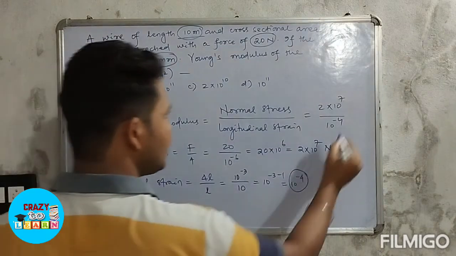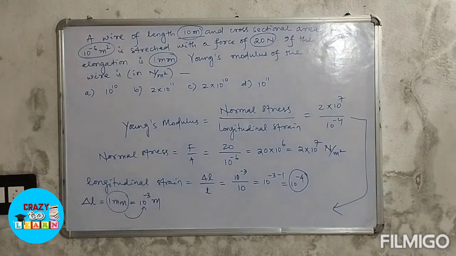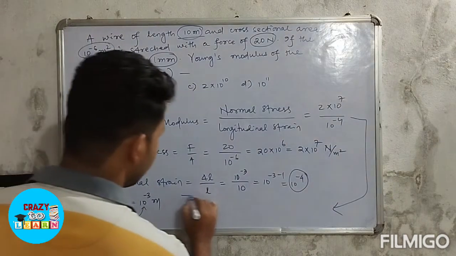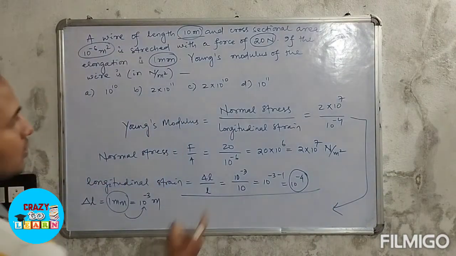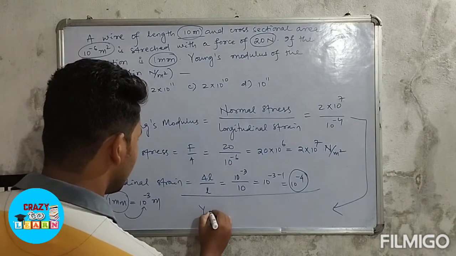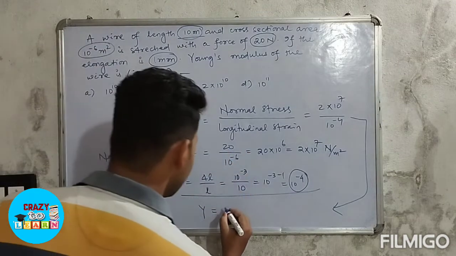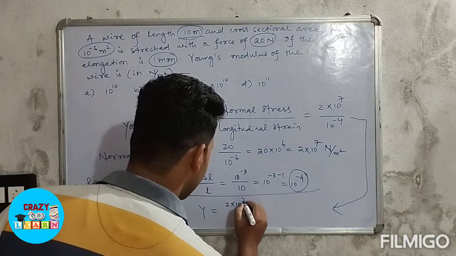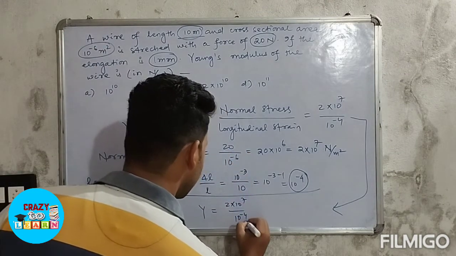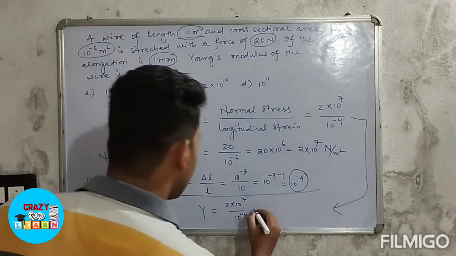As we have no space above, I am solving here. So Young's modulus Y is equal to normal stress divided by longitudinal strain, so 2 into 10 to the power 7 divided by 10 to the power minus 4. When we take 10 to the power minus 4 to the numerator, what will you get?